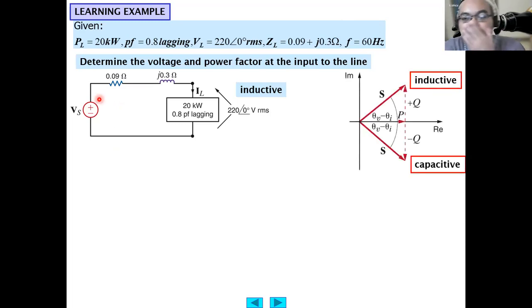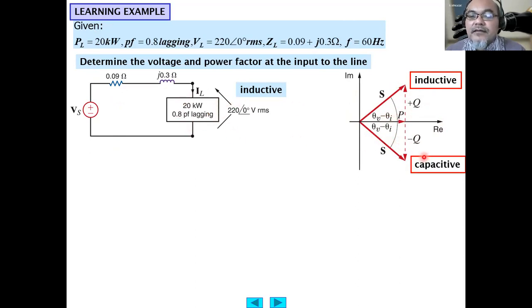So let's draw here that the active power, the 20 kilowatt, will be on the real axis. And the complex power, if it is inductive, then you have positive reactive power plus Q, since theta V will lead theta I, and actually this is the case here.